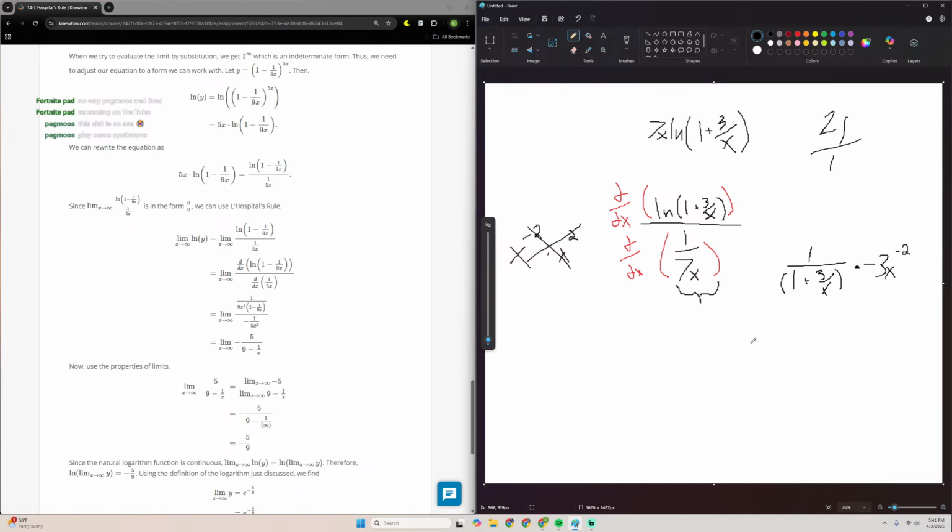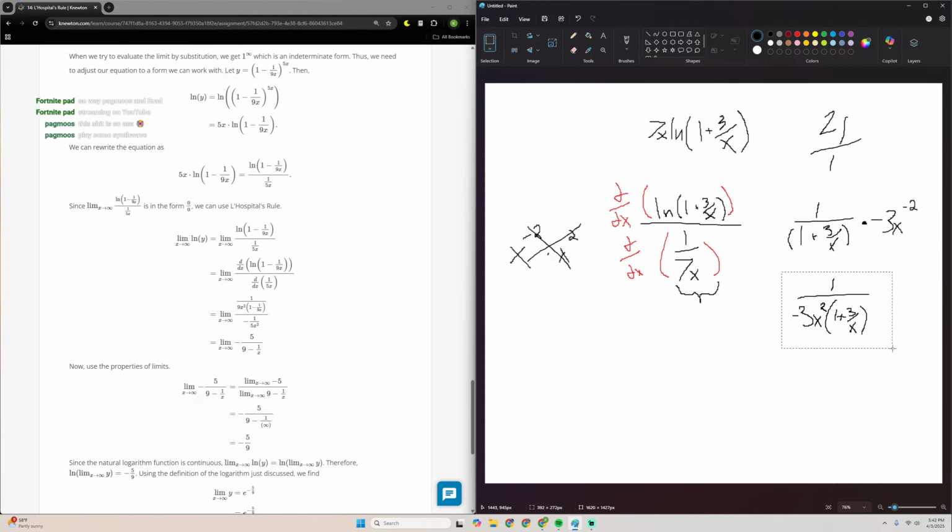Let's redo this again. Oh, right, because this becomes below, actually. Whoops. So then this becomes 1 over negative 3 x to the negative 2. Like right over here where they did that, and then times by 1 plus 3 over x. This should actually be the right equation. Now the derivative of 1 over x is, oh, whoops, let me also just redo this one. 3x squared, take away that.